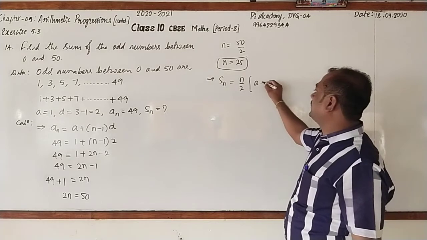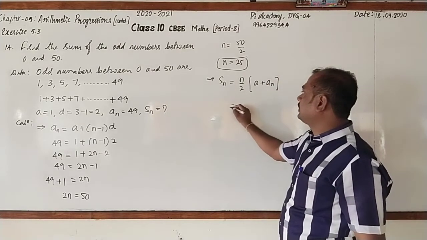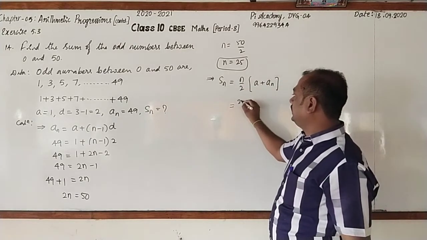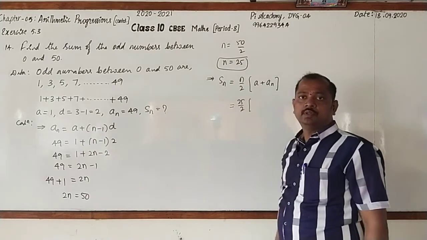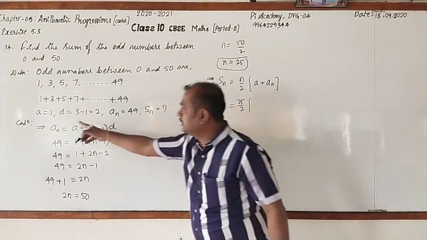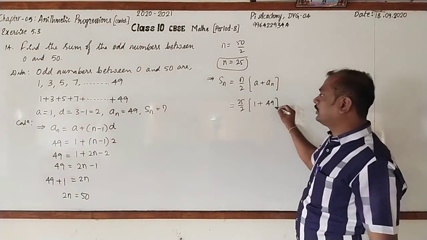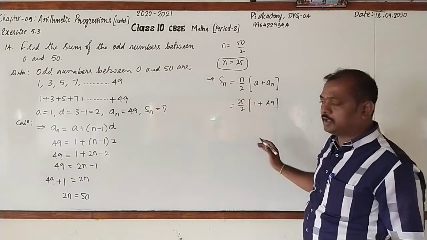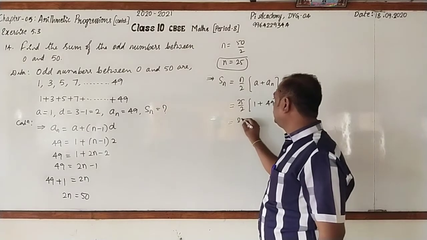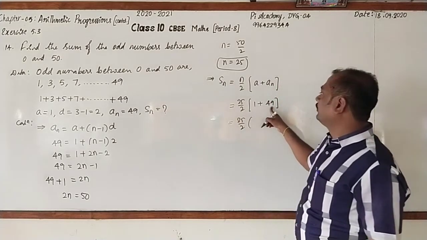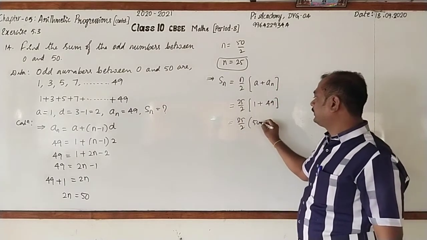Here I write a plus an. It is equal to, n is 25, 25 by 2 into a, which is 1, plus an, 49. Clear? It is equal to 25 by 2 into 49 plus 1, 50.